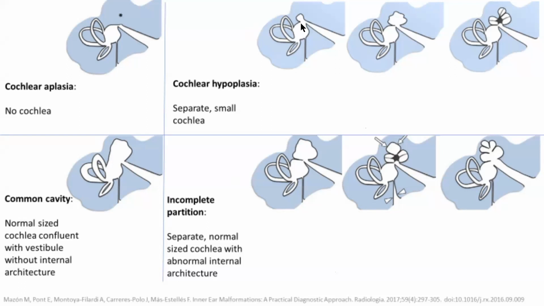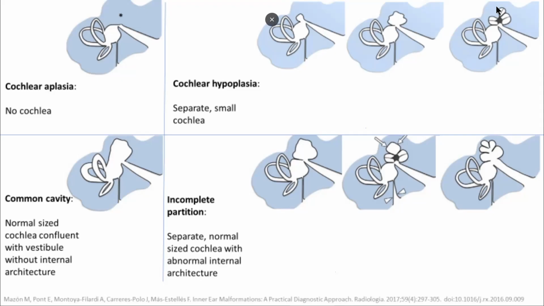You can have a formation of a small and not complete cochlea. This is called cochlear hypoplasia. That can be a bud-like cochlea. That can be something that looks roughly like a cochlea, but it's small and the internal parts are not formed. Or it can be formation of the basal turn and part of the middle turn, but you're missing a whole turn, and this is just bone. So these are all different types of cochlear hypoplasia.